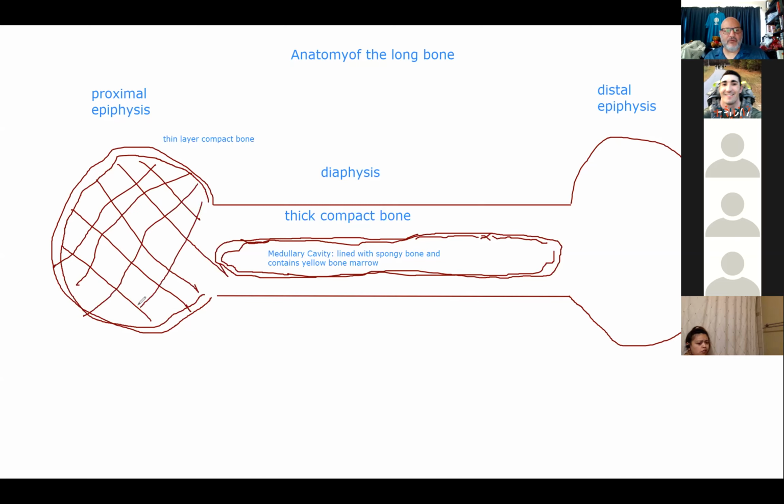It's not linear and regular like I've drawn it here, but it has a large amount of spongy bone, which contains within the spaces. What are contained within the spaces of the spongy bone? Red bone marrow. Red bone marrow.